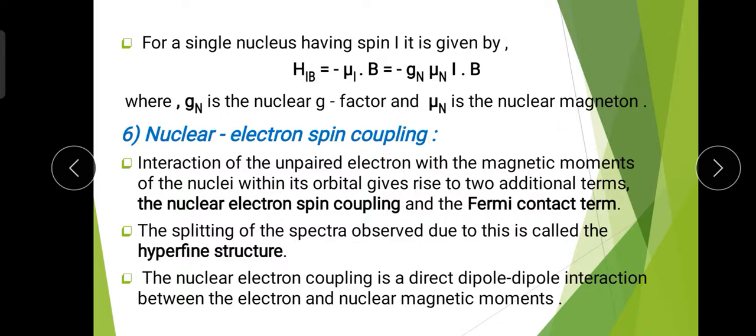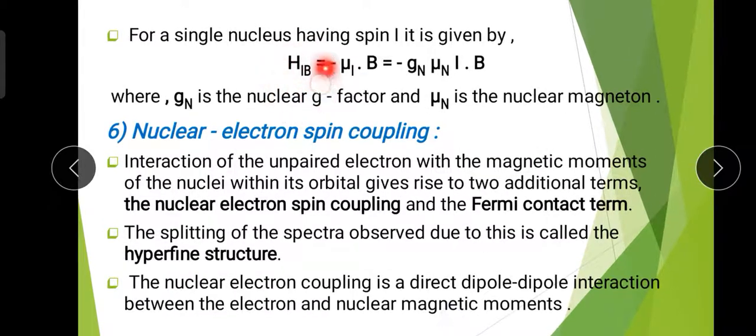That means if we consider only a single electron and a single nucleus with spin, capital I, as we already denoted for the nuclear spin, and this nucleus interacts with the external magnetic field, then we have the interaction energy H_IB, where H is for the energy, I for the nuclear spin, and B for the external magnetic field.